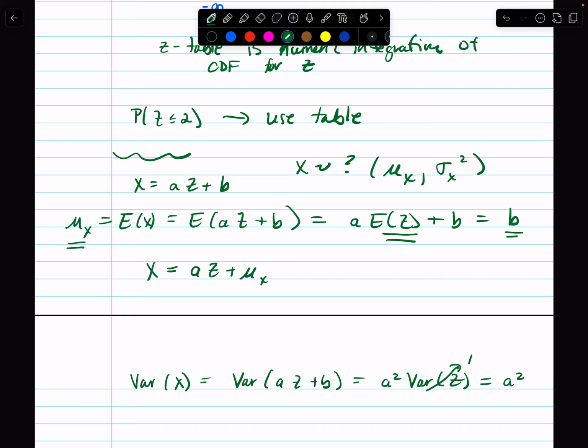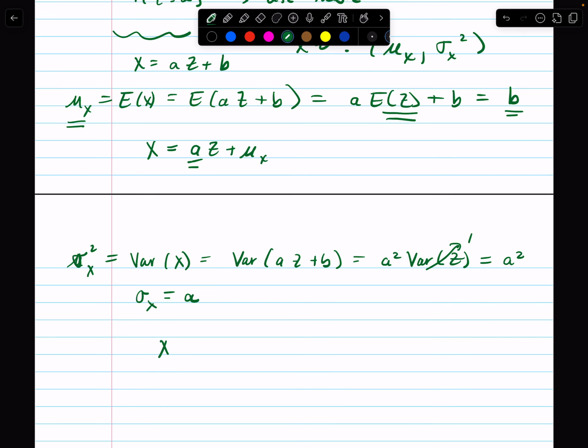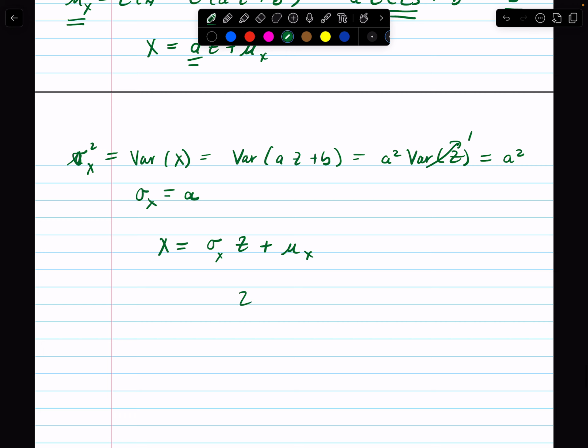So a squared is equal to the variance of X, sigma squared sub X, which means sigma sub X is equal to a. So X is actually equal to its standard deviation times Z plus its mean. And in fact, you can go the other way: Z is equal to (X minus mu sub X) over sigma sub X.